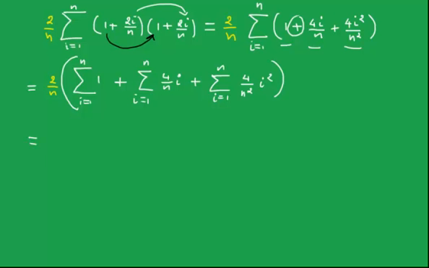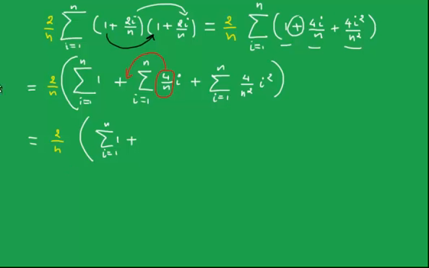So when we continue, this becomes 2 over n. The first one, I'm just going to leave it the way it is for now. Plus, for the second term, you see that 4 over n multiplies i, the counter, so we can pull that out of this sigma notation.